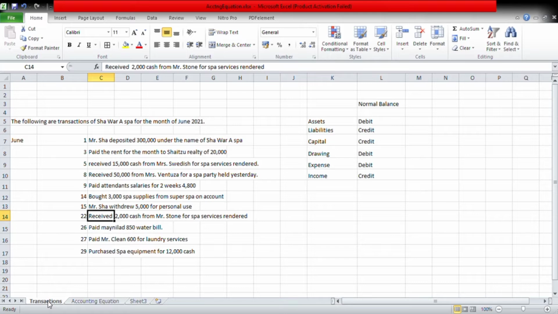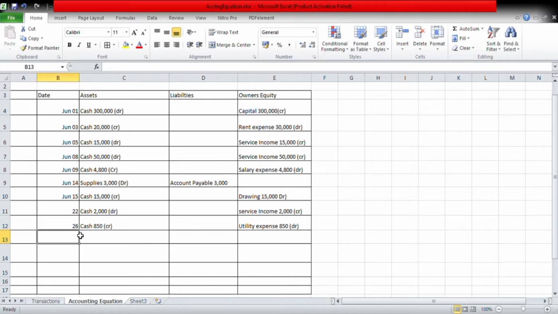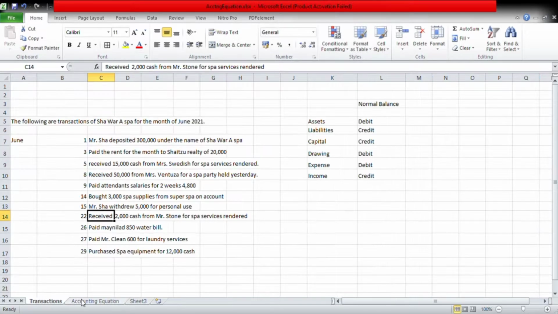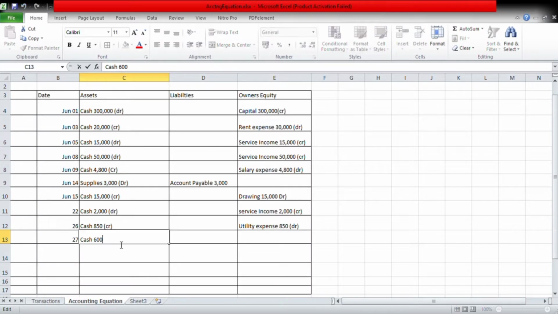Next, June 27, paid Mr. Clean for laundry services. So another expense. How much is the laundry? 600 pesos. So cash decreases, and then laundry expense, 600 pesos debit.